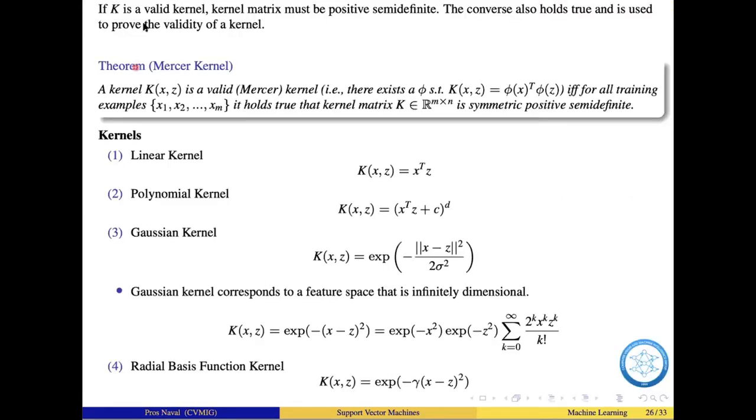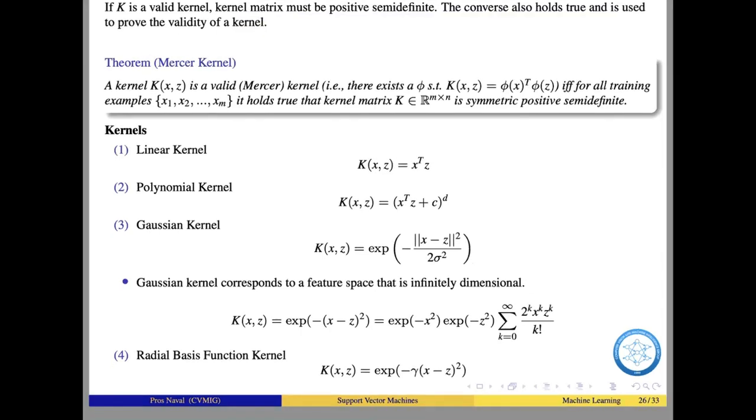Now, if K is a valid kernel, the kernel matrix must be positive semi-definite. So this is what we just saw. The converse is also true and is used to prove the validity of a kernel. In fact, there is a theorem called Mercer theorem. This was formulated in the 1930s. There were no computers then, but Mercer already had the mathematical formulation for this.